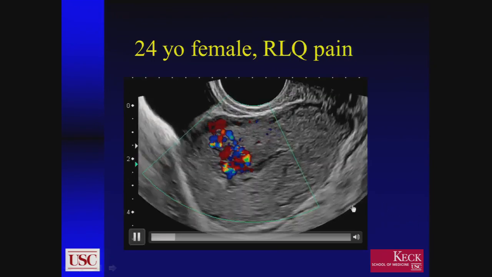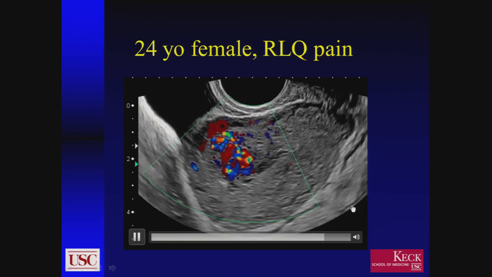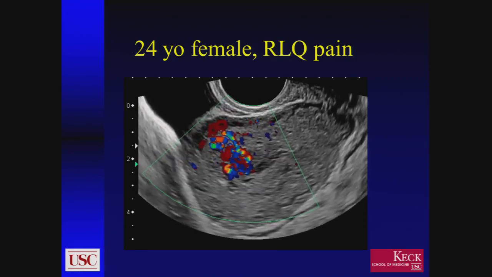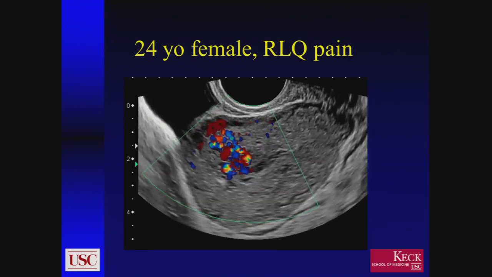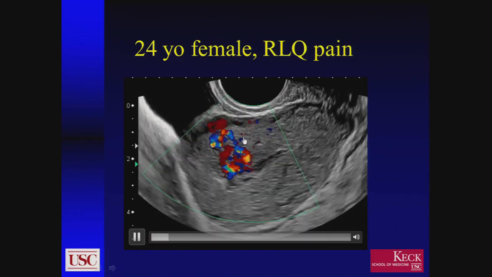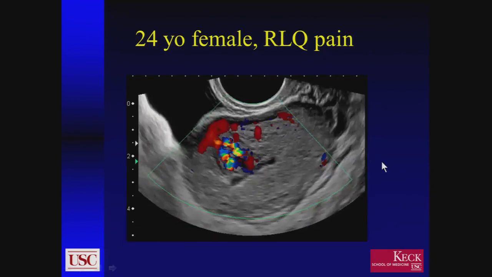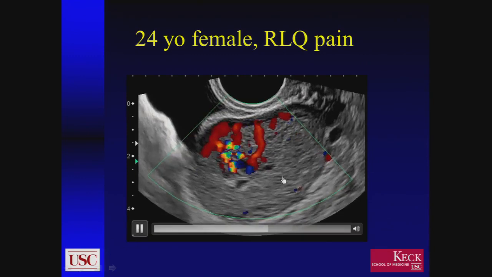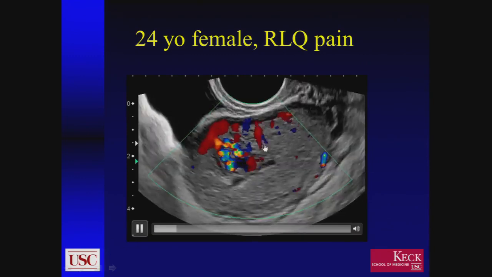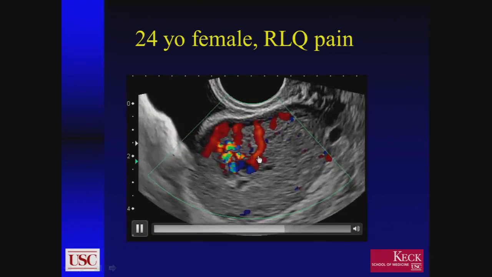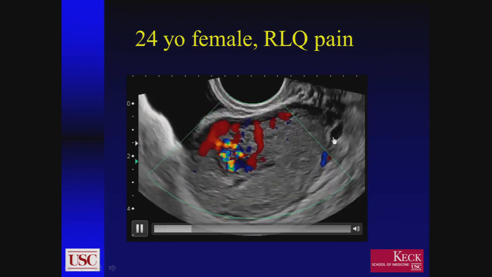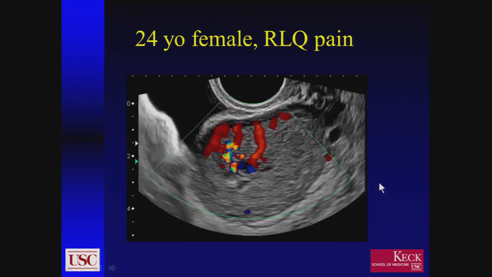If we put the color on, you can see there's this just striking area of flow. And when we look in some other areas with the clip, you can see there were these large, essentially draining veins going toward the surface and in and out of this area.